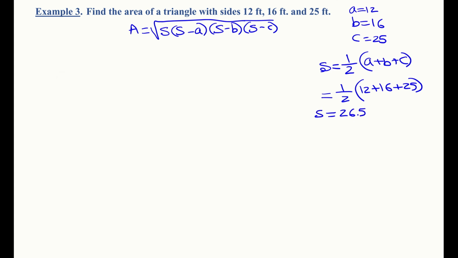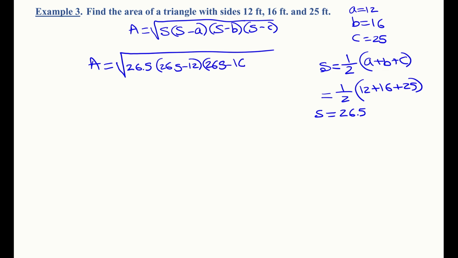So that's the value of s. And now we can quickly get the area by starting with s, 26.5, and then times s minus a. So 26.5 minus 12 times 26.5 minus 16, and lastly 26.5 minus 25.